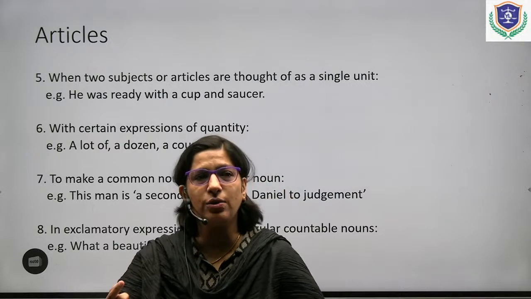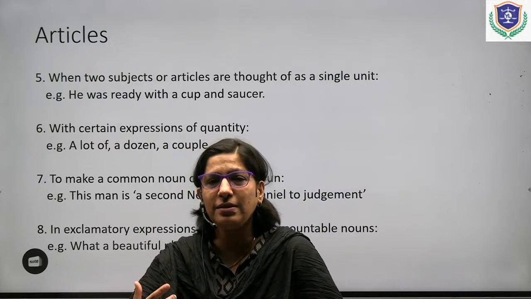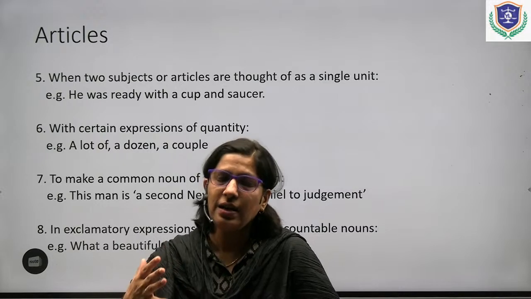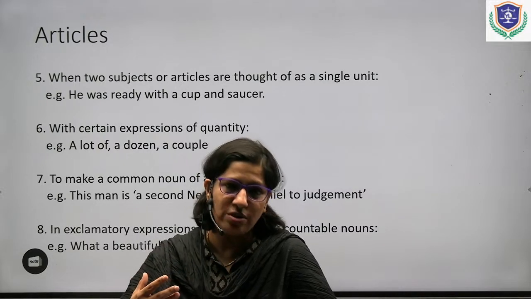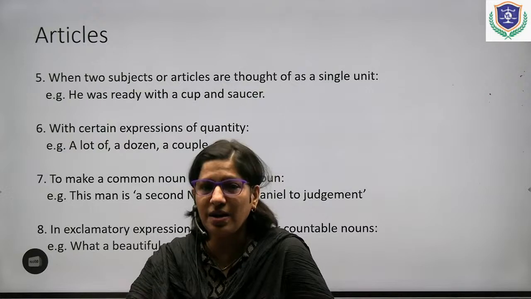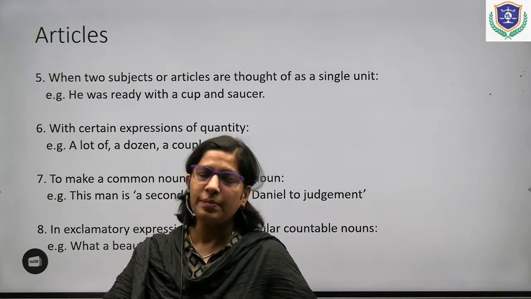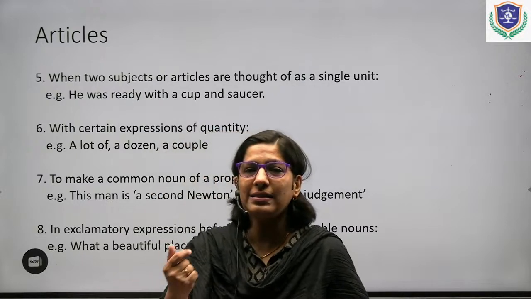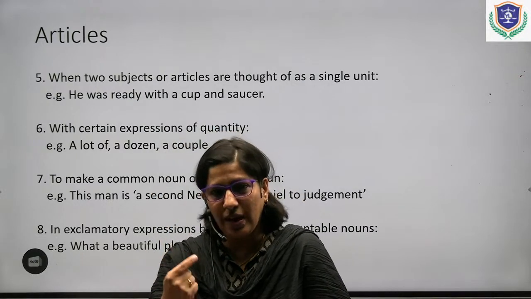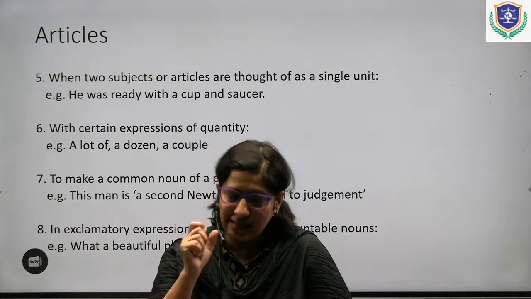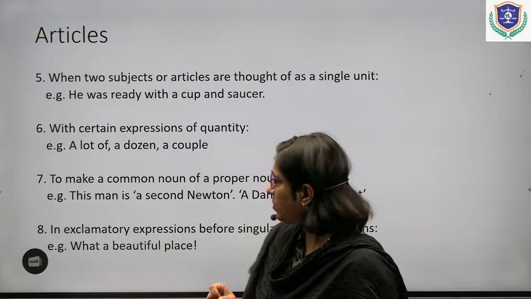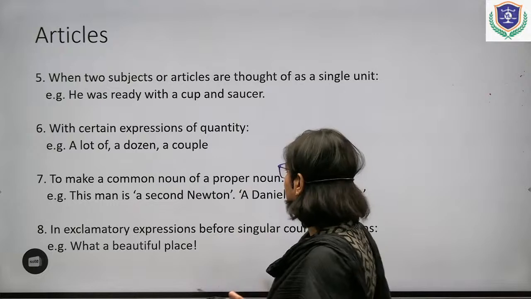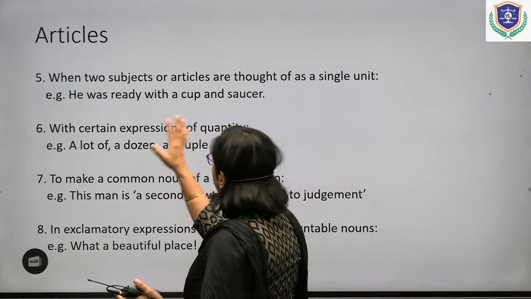Again, if I tell you that bread and butter is my favorite breakfast, I am not saying bread and butter are my favorite breakfast, because bread is taken along with butter and it's considered as one entity, so we have to use it as a singular entity. So just relating the two together, that you have to remember.